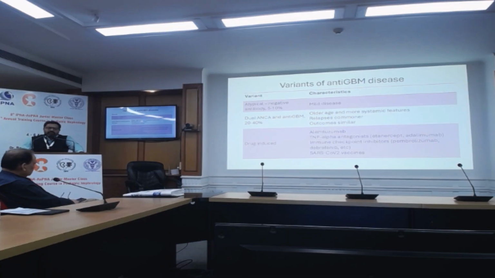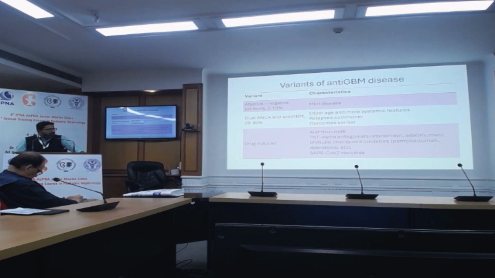There are certain variants of anti-GBM disease that you may already know. There is an atypical or antibody negative anti-GBM; there is a seminal paper in Kidney International by a first author named Nasser in 2017, if I remember correctly. You can refer to that paper for details on why antibody negativity occurs, because of the test or antigen difference.